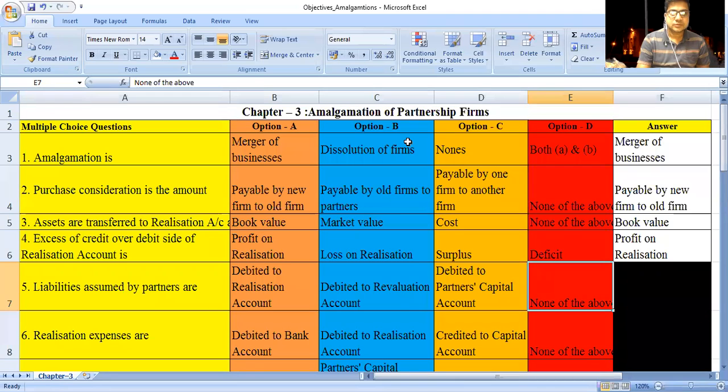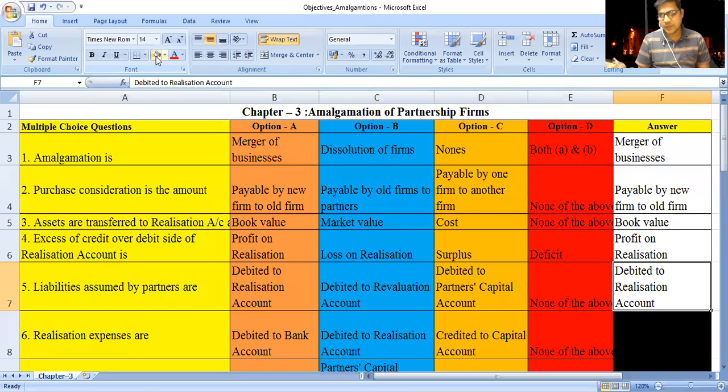Many got option C: Prajakta, Rajashri, Ketan, Om. Many got the same answer. C means debited to partner's capital account.